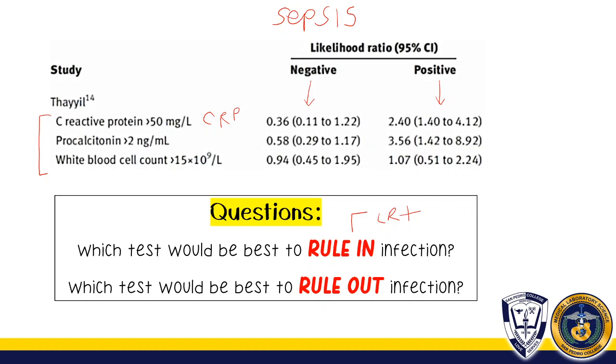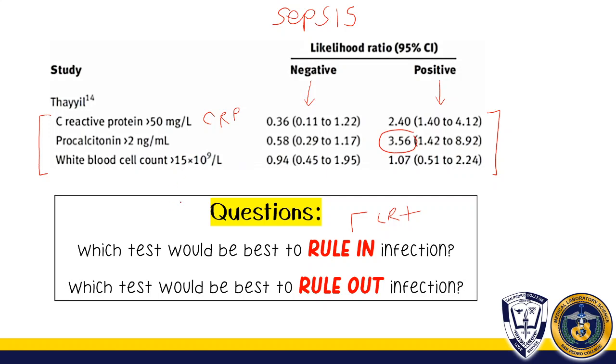And para makaingon ta na i-rule in siya, di ba ang atong interpretation dito dapat bigger or greater, greater than 1. So, between these three, kinsa man na pinakadako na number? That is your procalcitonin having 3.56. Meaning, kani siya na test would be best to rule in infection.